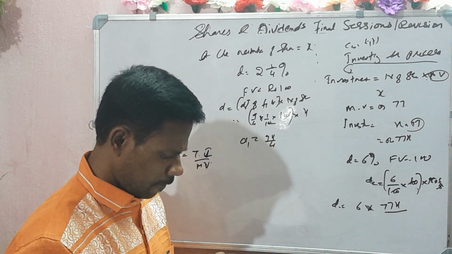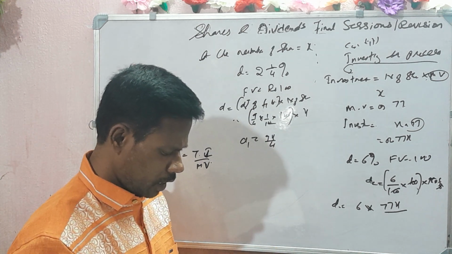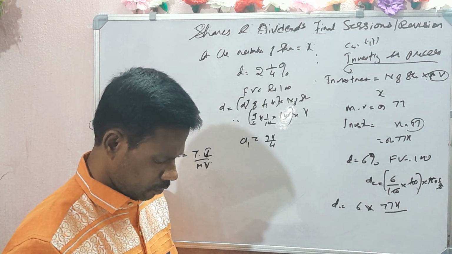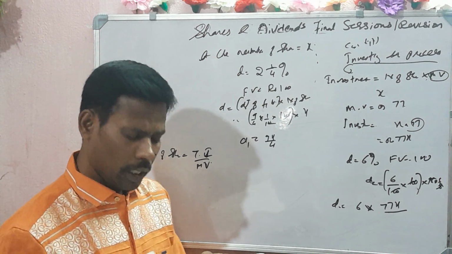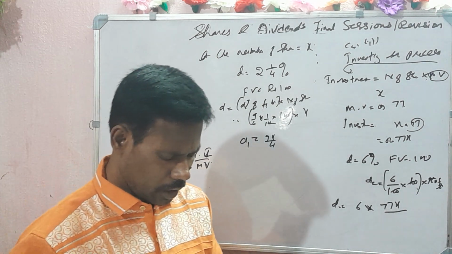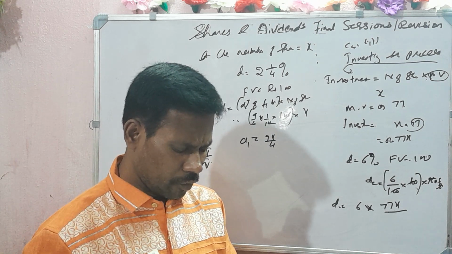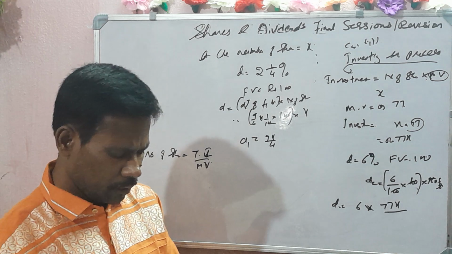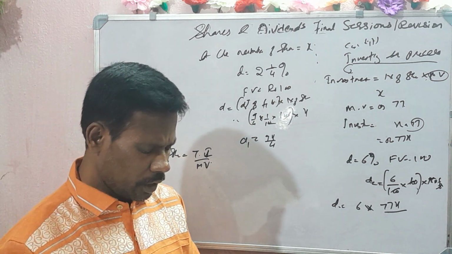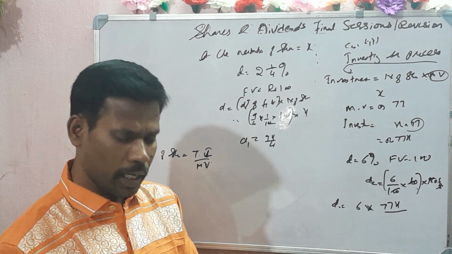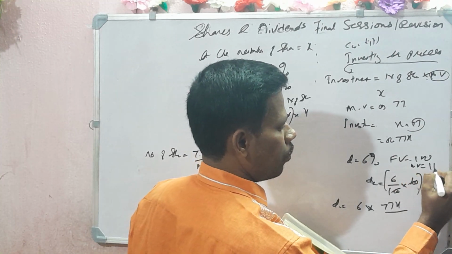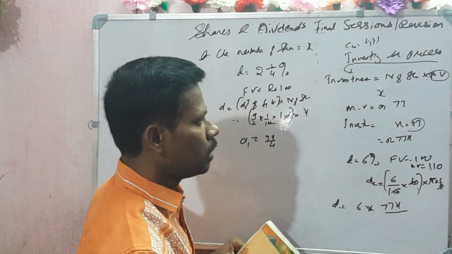By selling at rupees 77, some 2 1/4% shares of the face value, and investing the proceeds in 6% shares of face value 100, selling at rupees 110. Here market value is 110, right?